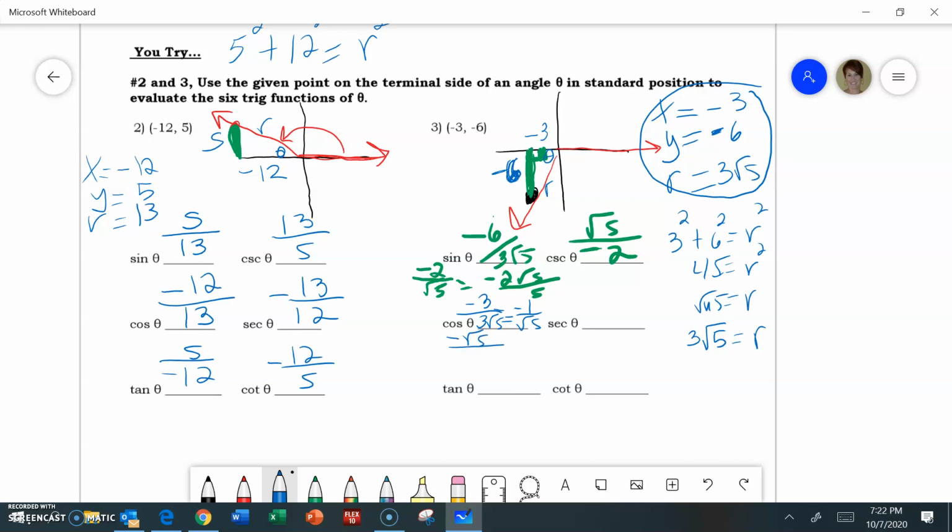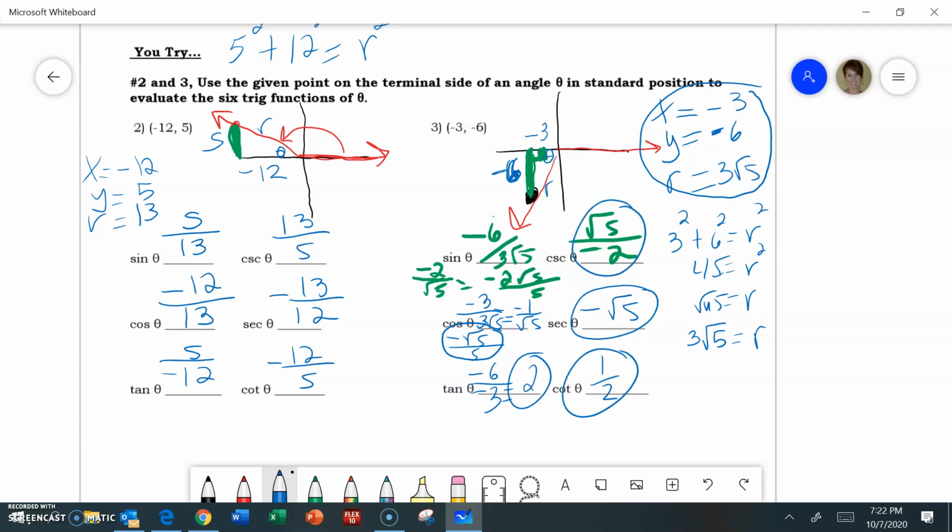So this would be negative radical 5 over 5. I'll circle that. And then the secant is just the reciprocal, so that would just be negative radical 5. Our tangent is your y-coordinate over your x-coordinate, so that is just 2. And cotangent's the reciprocal, and the reciprocal of 2 is 1/2.